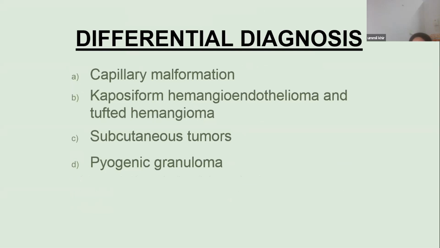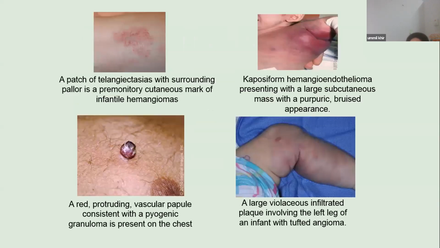Yes, they have quite similar presentation of macular telangiectatic patch that present at birth, but the difference between them, hemangioma usually has a surrounding pallor at the telangiectatic patch, and hemangioma quickly begins to develop small vascular nodule and become raised.